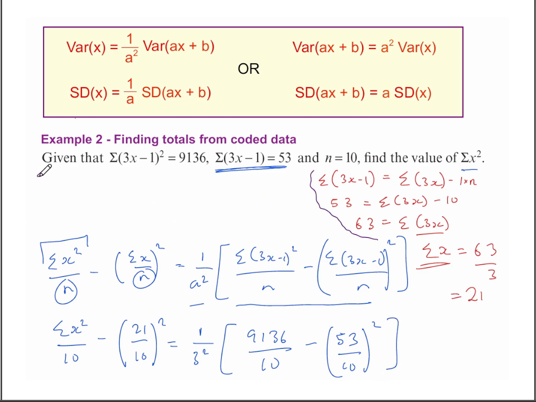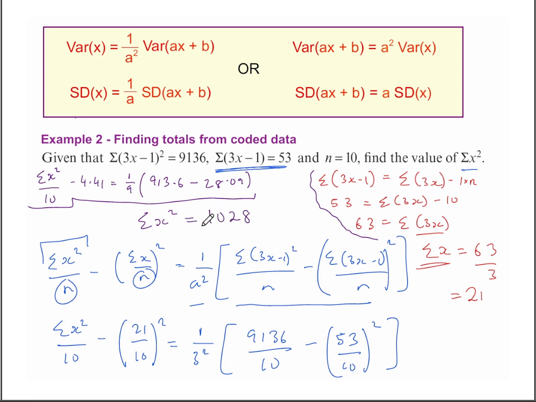What this will then give us is the sum of x squared over 10 minus 4.41 is equal to 1/9 times 913.6 minus 28.09. And from this formula, if we solve for the sum of x squared, we get 1028. And that's going to be the value of the sum of x squared given all of this data.